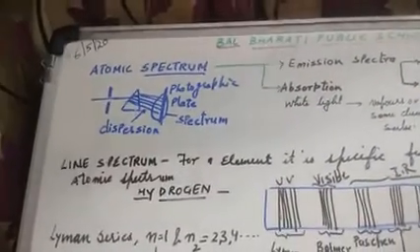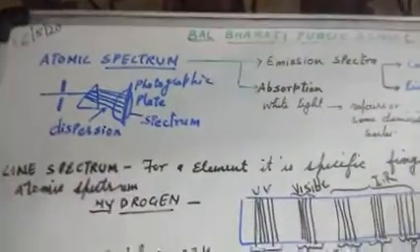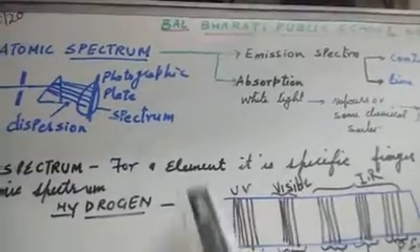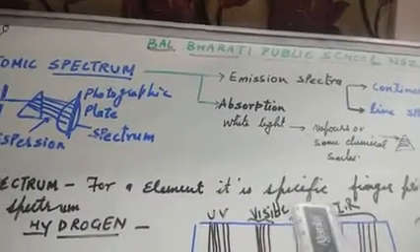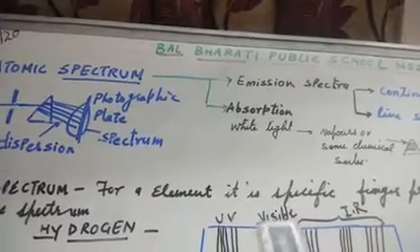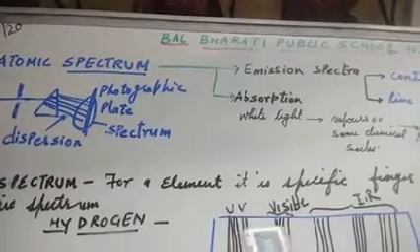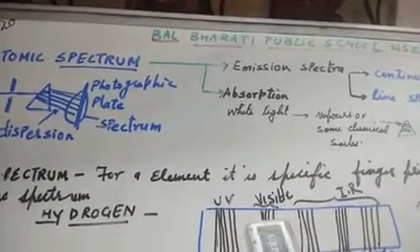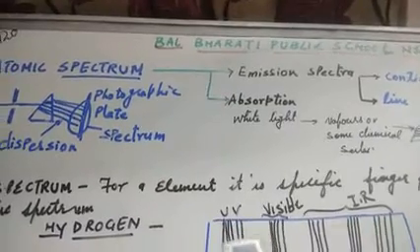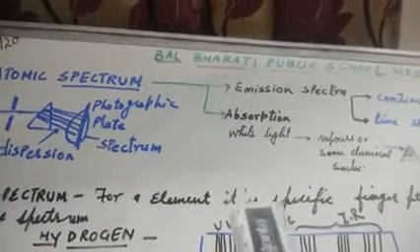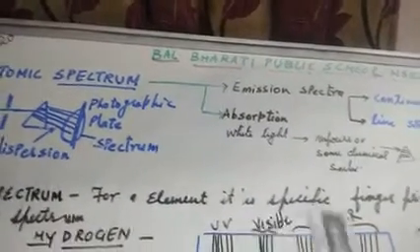Here I have written, students, that line spectrum is specific for a specific element. Every element possesses specific line spectrum. That means the lines which we are getting in the spectrum on the photographic plate are associated with some fixed wavelength. Like in sodium, we have done that 5890 angstrom and 5896 angstrom wavelength lights are observed.